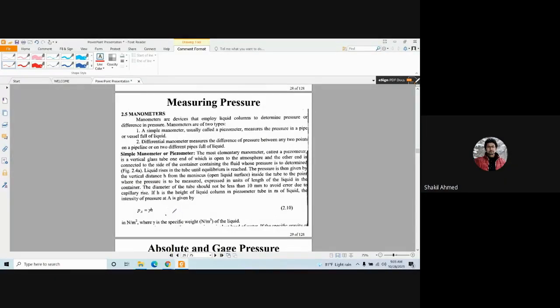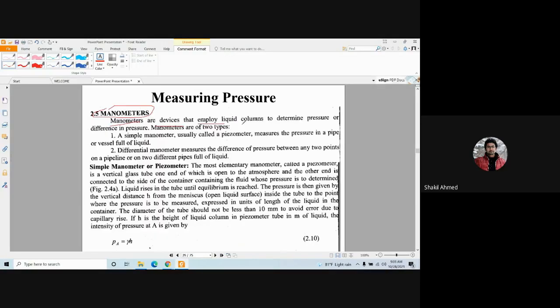Now to measure the pressure, we use different types of meters. One of the very widely used meters is the manometer. Manometers are devices that employ a liquid column to determine pressure or difference in pressure.